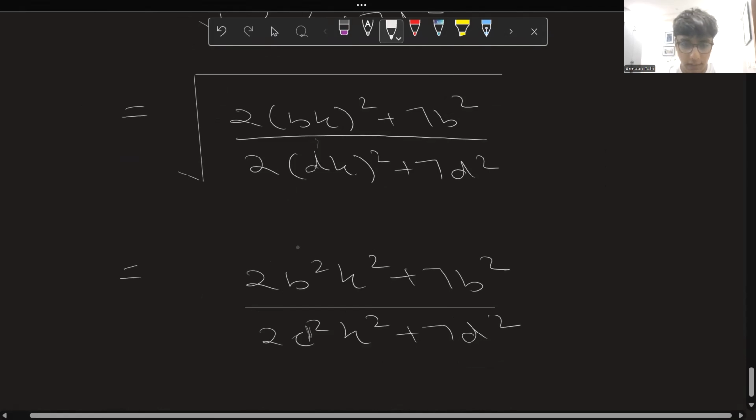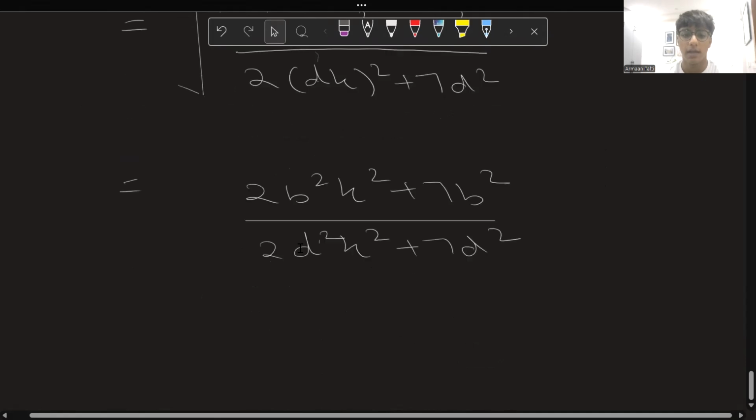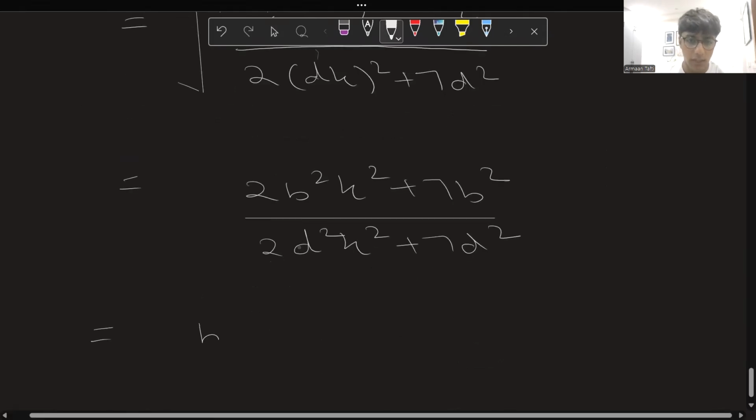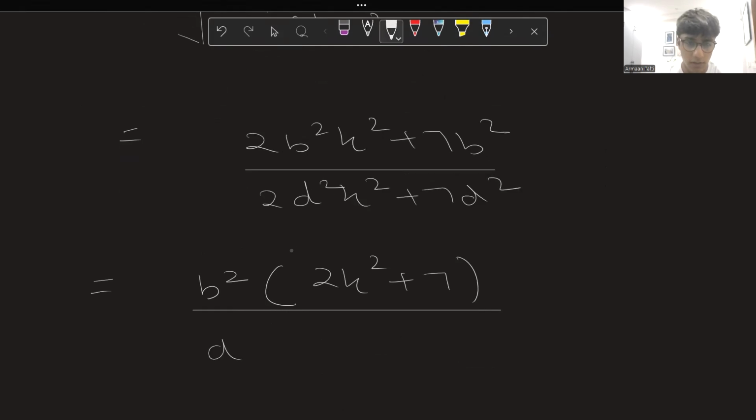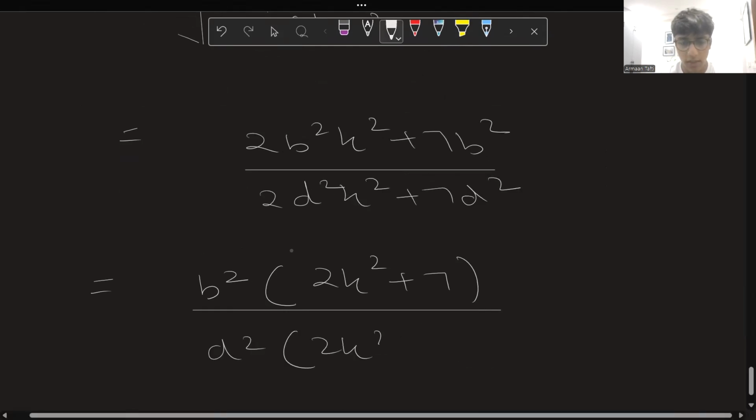Well, we can change that to d square. Right. And if we take b square out common, we have 2k square plus 7, right? And on the denominator, if we take d square out common, 2k square plus 7.